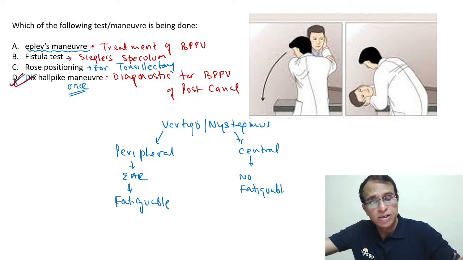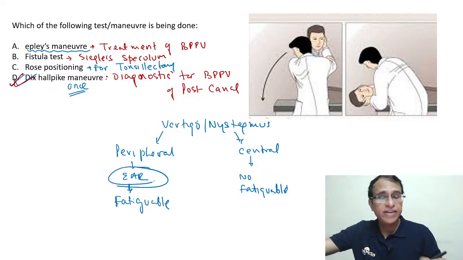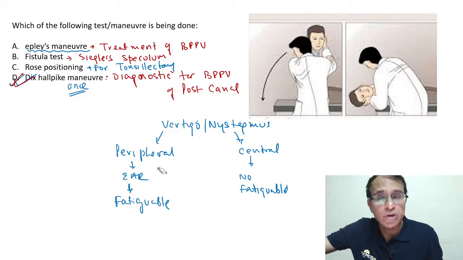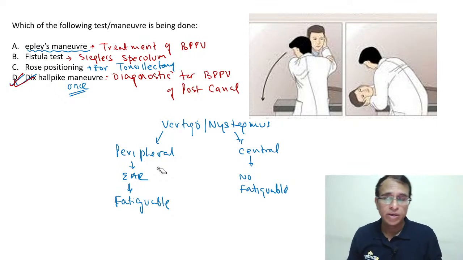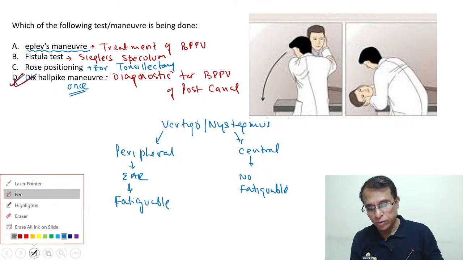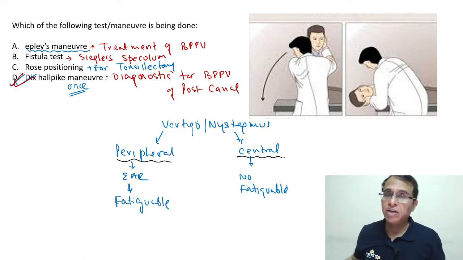Because we are talking about the ear, it is fatigable, and so Dix-Hallpike cannot be repeated. It should be done once, but Appley's can be repeated because it's not a diagnostic test, it is a treatment. So you can do it more than once also. I hope that clarifies. But again, it gives me an opportunity to remind you that the difference between peripheral vertigo and central vertigo could be a very important point.